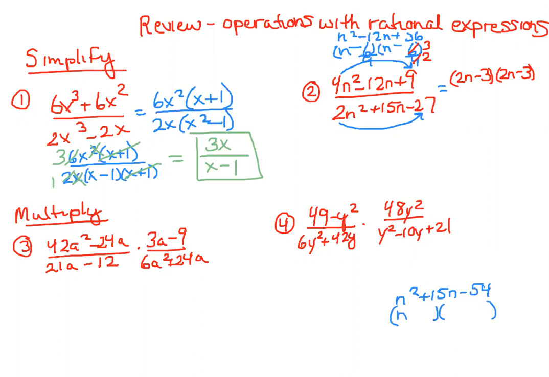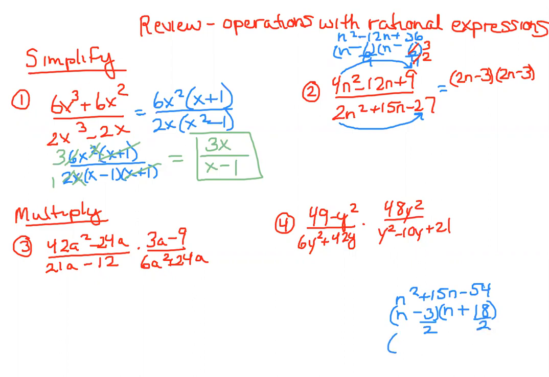So we say what multiplies to give you negative 54 and adds to give you 15. I think that's going to be 3 and 18. Okay, 3 times 18 is 54. Remember, this one's going to be plus and that one's going to be minus. But we have to divide by a 2.